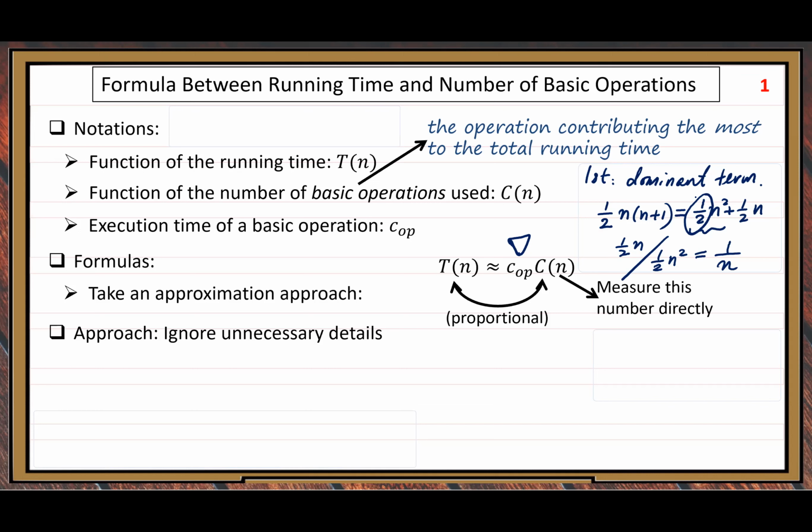But this time, we look at this question from another point of view: the function growth rate. How fast this function can grow. We want to look from that point of view.